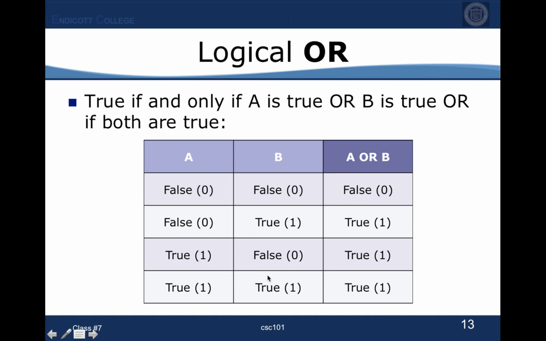But in each of the other three cases, at least one of them is true. Here, A is false, but B is true. So yes, A or B is true. Yes, because B is. And here, this is true because A is. And they're both true in the last case, but that's still okay. That still says, yeah, A or B is true because they both are.